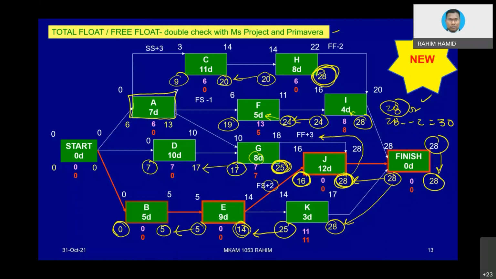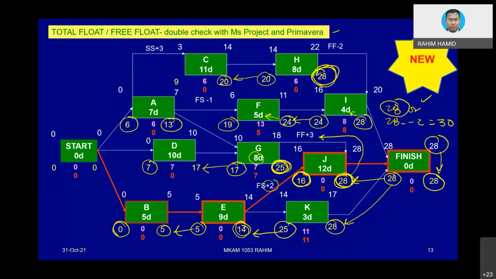One is from F, one is from G, another one is from C. C is from in front, but the issue is how we get this value. Our concern is this value. We want to fill up the value. Now we can go one by one.